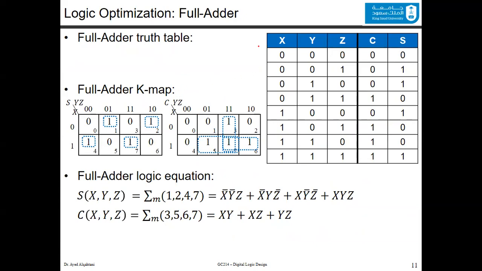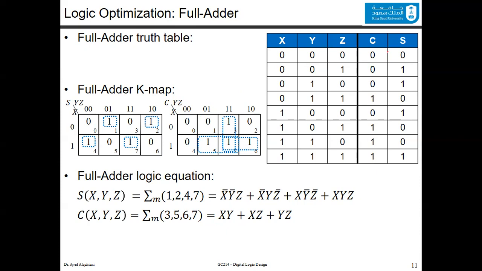Now, this is the truth table that we just discussed. If you want to find the function, we will use the idea of optimization using K-map. Since we have 3 variables, we have a 3-variable Karnaugh map.